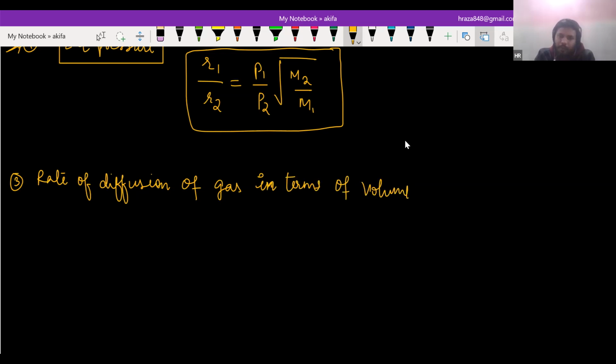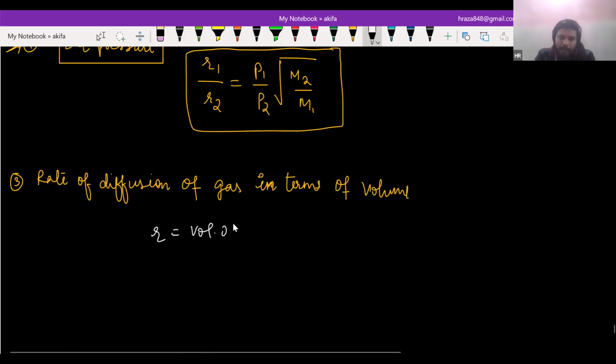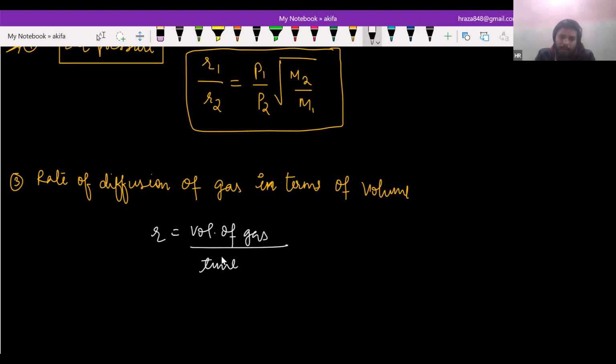In terms of volume, rate is equal to volume of gas upon time taken.